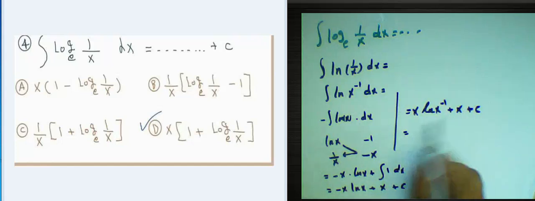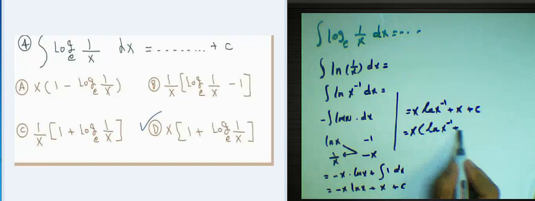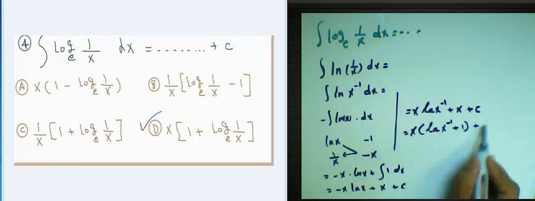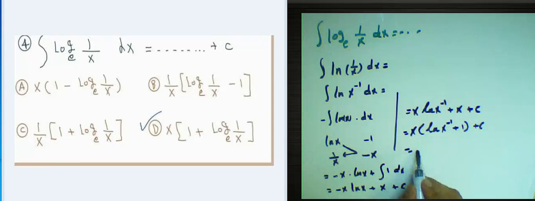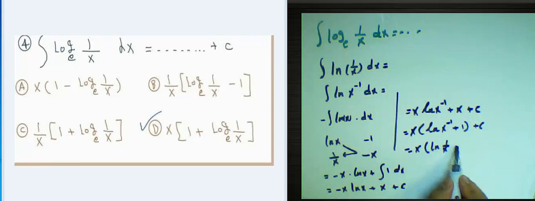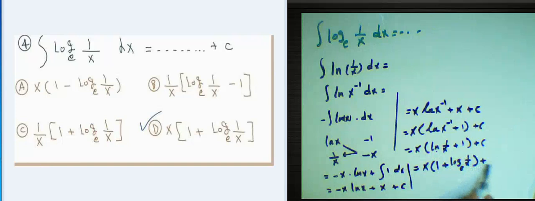Then we can write x outside as the common factor, and write ln x to the power negative 1 plus 1 plus constant, and then write x and ln 1 over x plus 1 plus constant. It will be x multiplied by, replace them, write 1 here, and ln, logarithm 1 over x to the base e plus constant. Then we choose what? Choose letter D about this example.